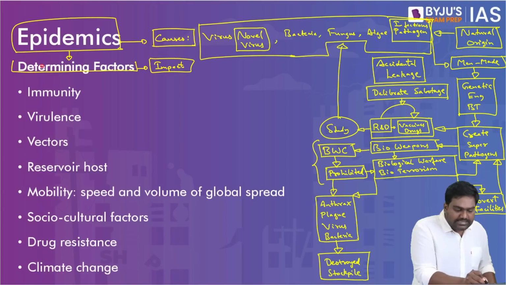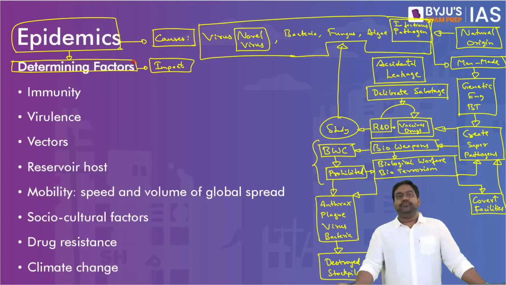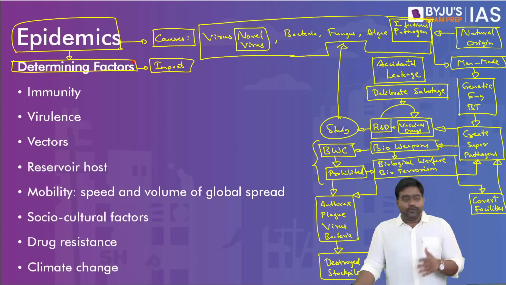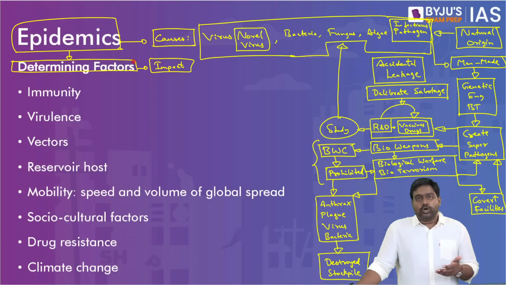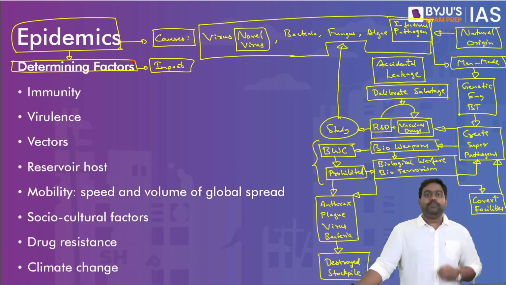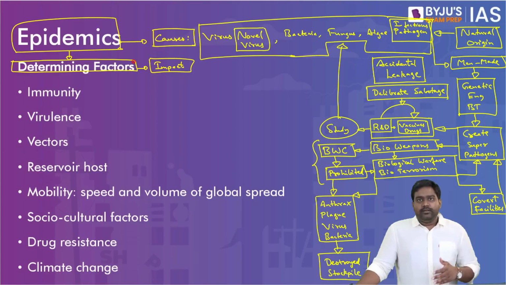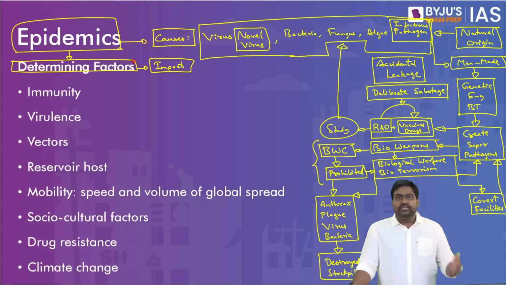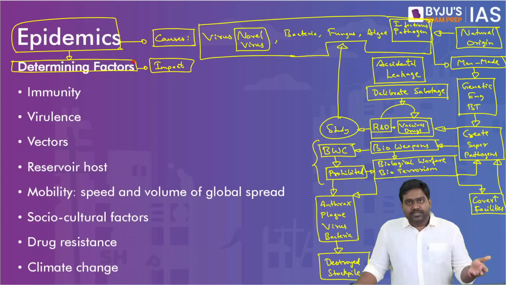What determines the deadliness of a pathogen? There are many factors present, and I'm sure some of you are already aware of this because there has been a flood of material in the last 3 years regarding epidemics and pandemics. Right? Before 2019, none of you had heard about terms like social distancing or the importance of sanitization, right?